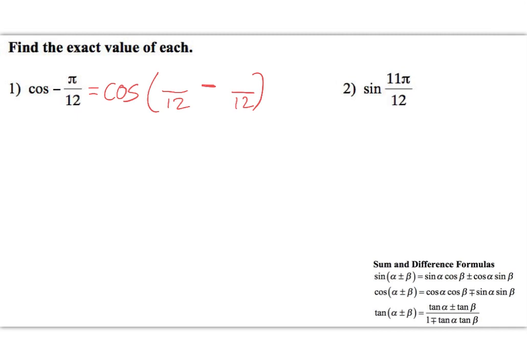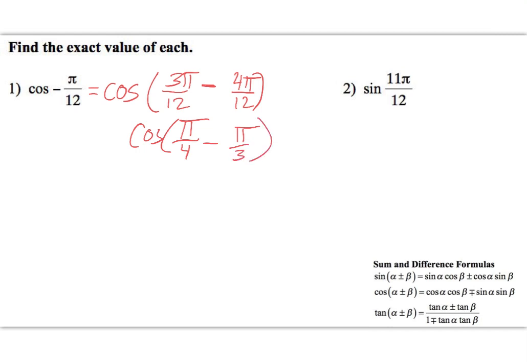And I want to do two things that are going to subtract to get us negative pi over 12. That might be something like 3 pi over 12 minus 4 pi over 12, which you might notice reduces into pi over 4 minus pi over 3, which are two angles that we know.